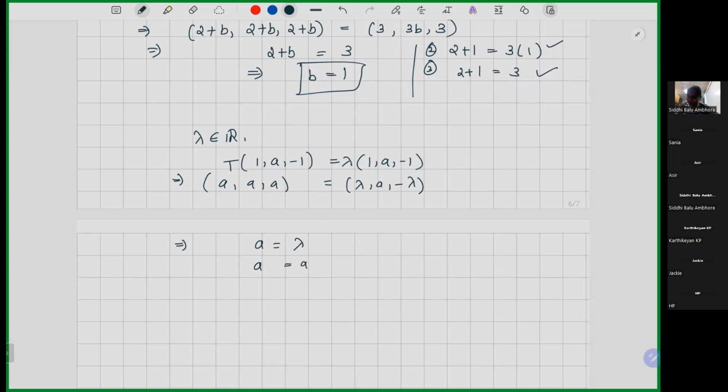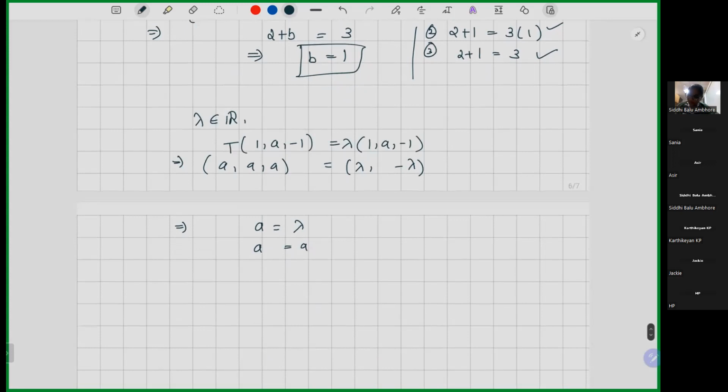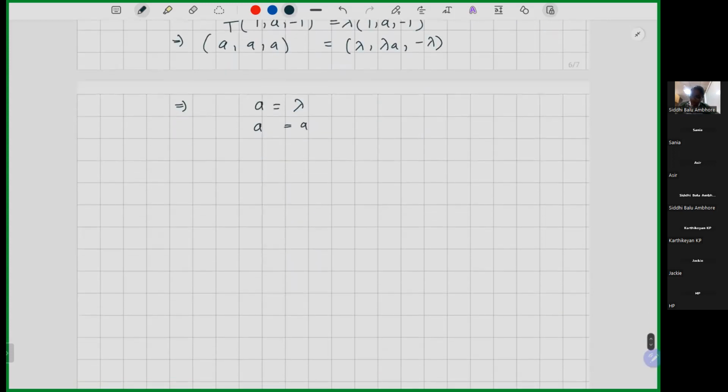From the second, a is equal to lambda a, and from the third I get a is equal to minus lambda. So a is equal to lambda and a is equal to minus lambda. So this gives me a is equal to 0, right? If a is equal to plus and minus of a number, then it has to be 0.